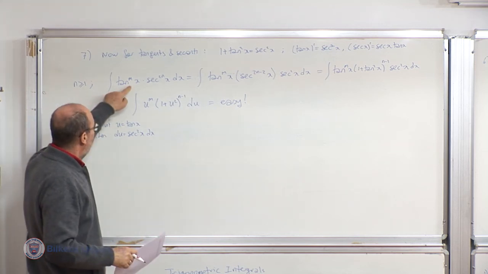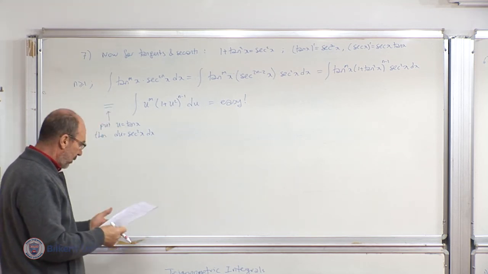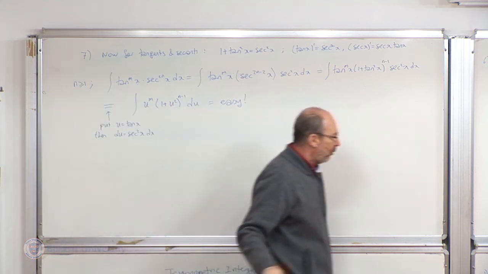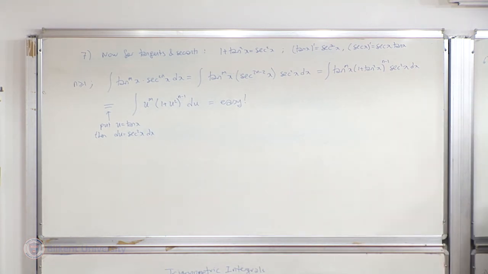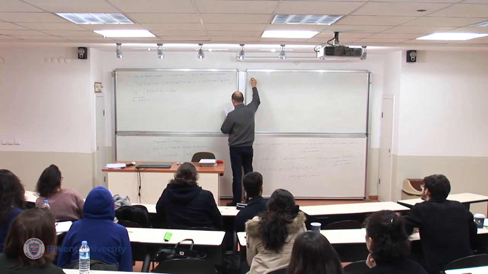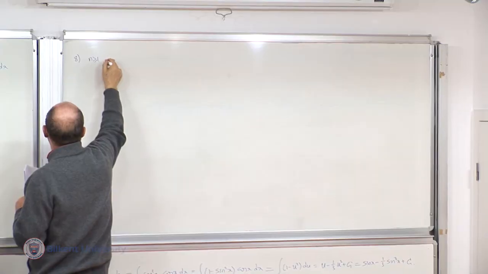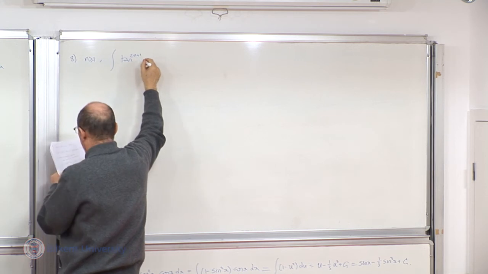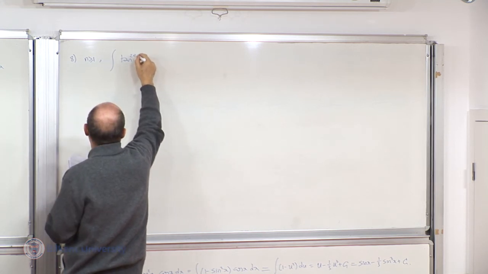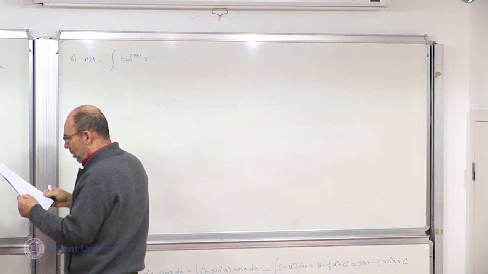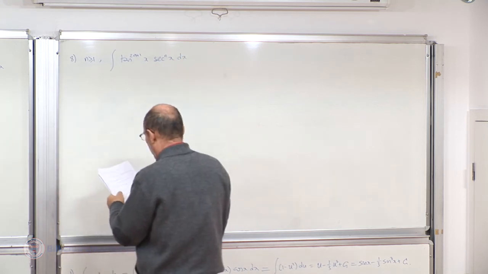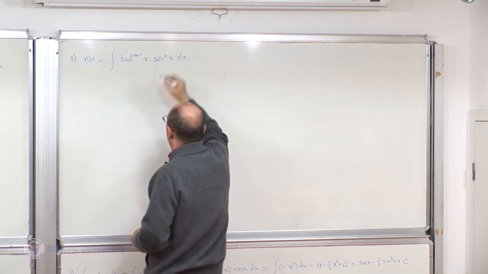So suppose now the power of tangent is odd. Well, here we don't cover all the cases. So it's not as straightforward as the case of sine cosine. So the next case is again n greater than or equal to 1, and we have tangent 2n plus 1 x, secant m x dx.